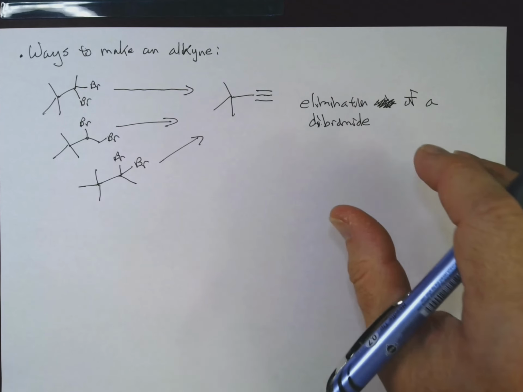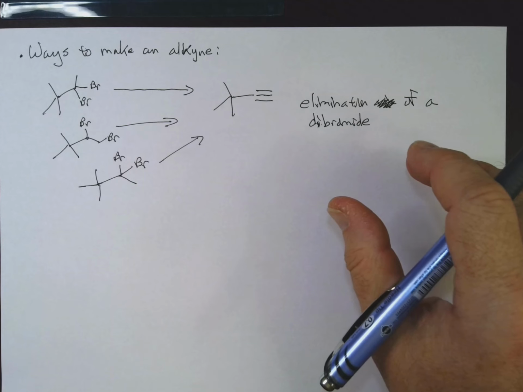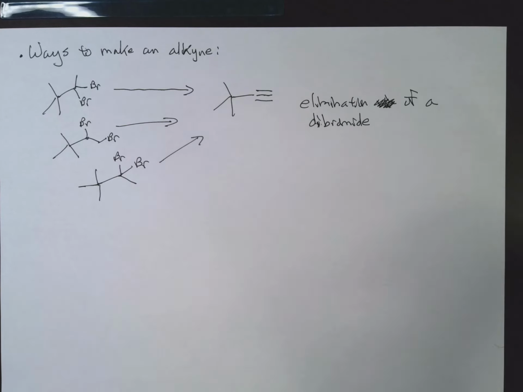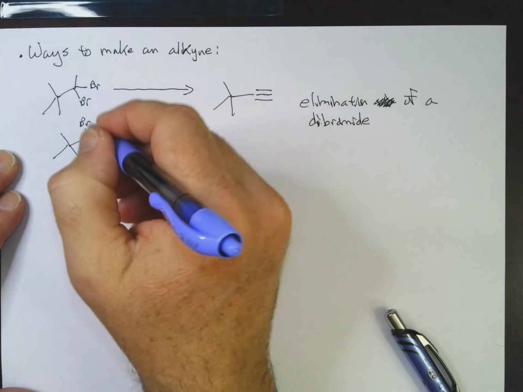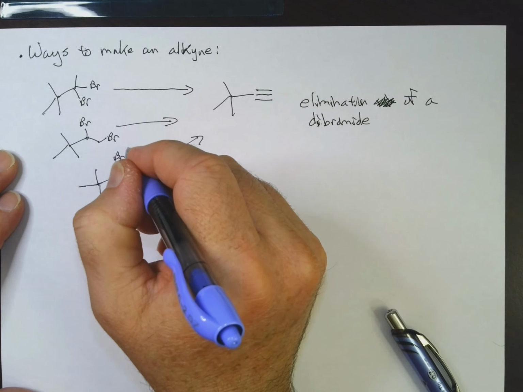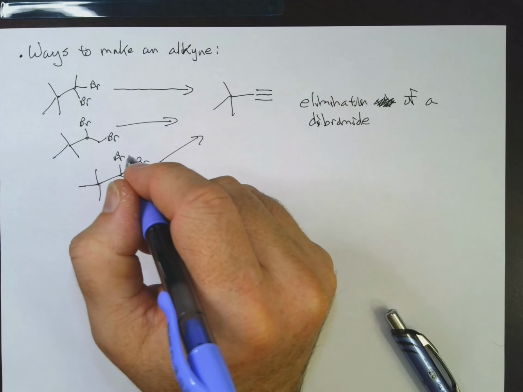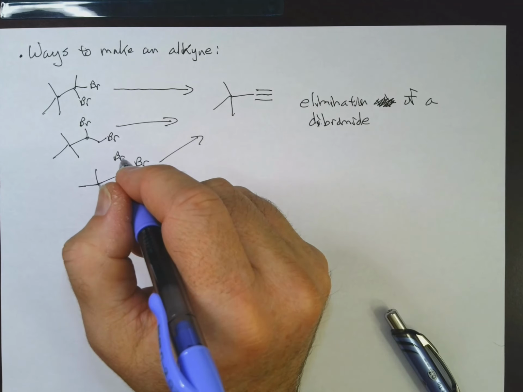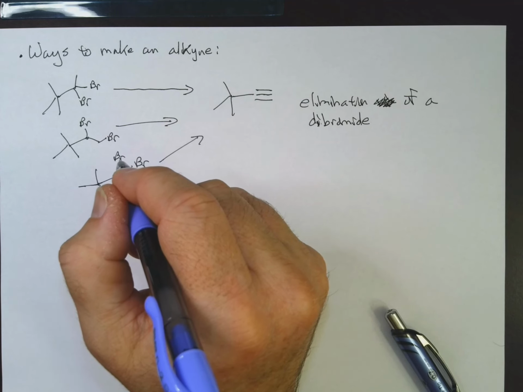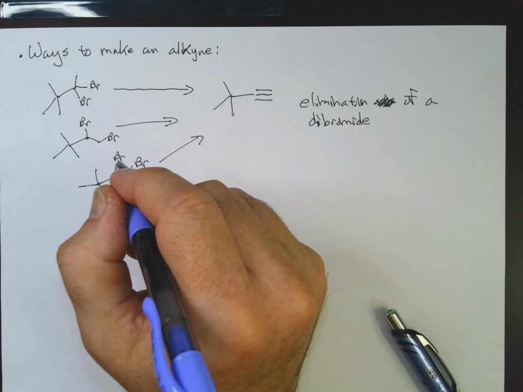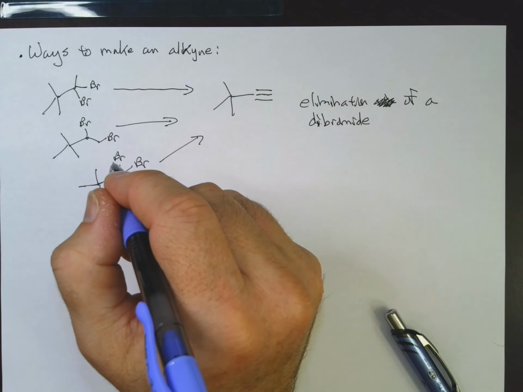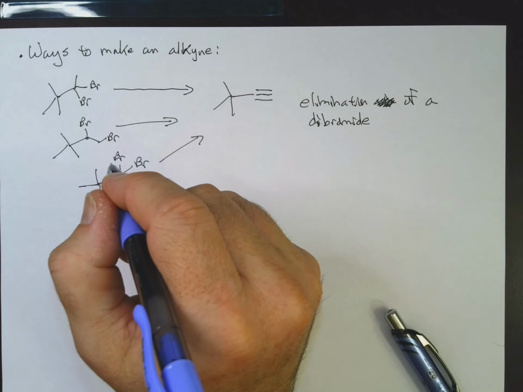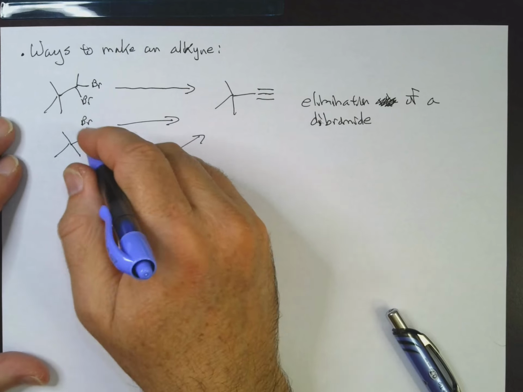Remember, we can have Markovnikov, anti-Markovnikov, Zaitsev versus Hofmann. Now, I'm going to choose this guy.